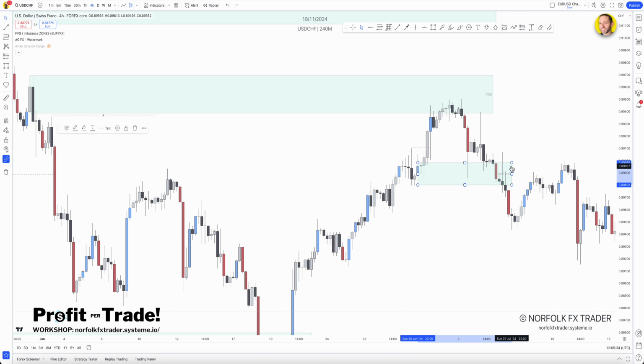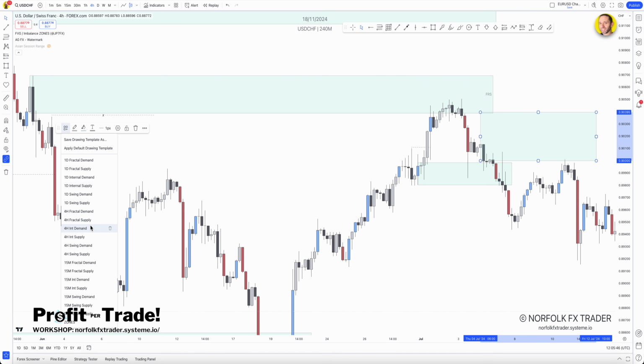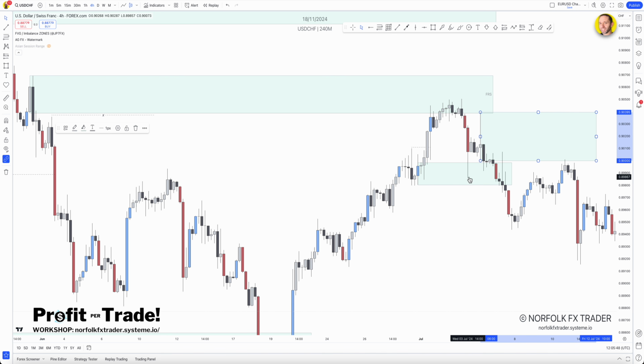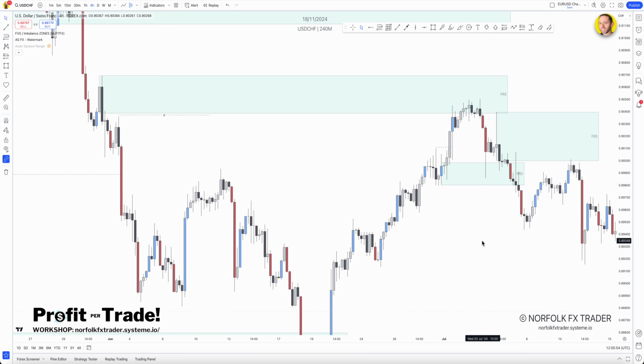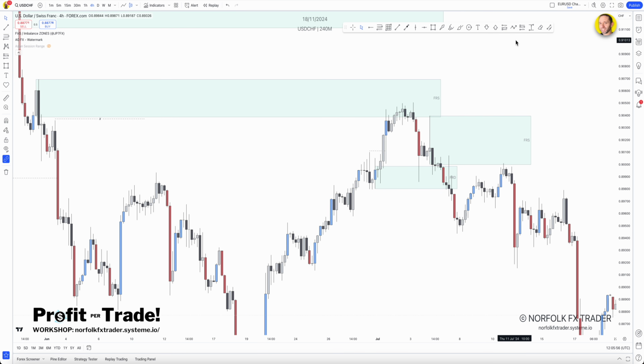Now this is showing me again where we have this bounce off and a breakthrough. This is what we class as our flip zone of supply. And we can identify that this then becomes a new area of supply, and that's going to be our fractal supply as we remove a fractal demand. So that's where we're going to identify a reversal in the market.